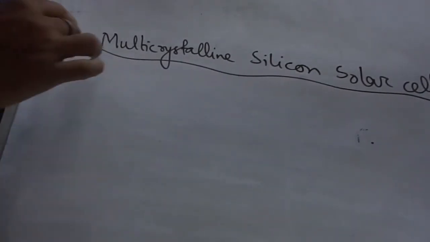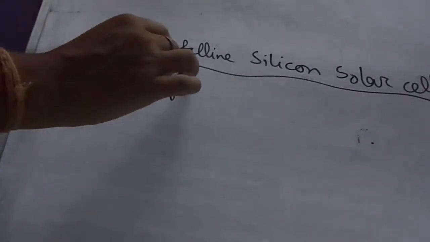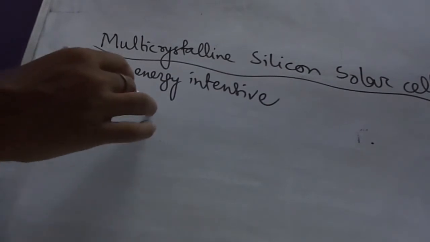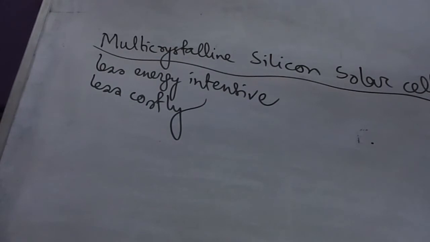Multicrystalline silicon cells are less energy intensive in their production and less costly as compared to the single crystal silicon cell, but they are less efficient.